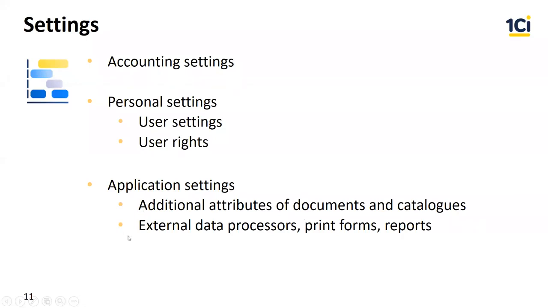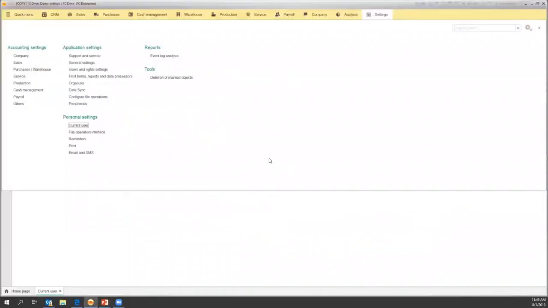There is also a very powerful tool to use external data processors like price lists we've seen before, print forms, reports, but they're a little bit next level and beyond the scope of our presentation, but still it's nice to know that OneStreetDrive has to offer all current up-to-date tools that are out there.